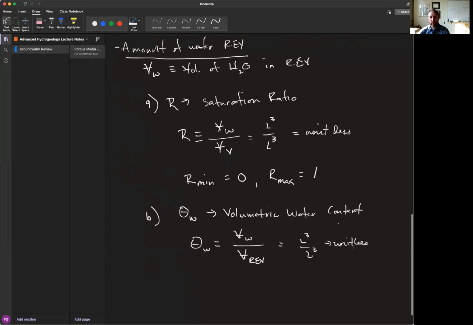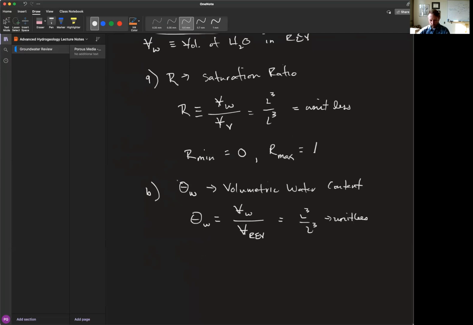But now let's think about the max and min of our volumetric water content. When I'm really, really dry, I have no water volume in my porous media. This is actually really rare, but let's say I've oven dried something. If I have no water in my porous media, my volumetric water content will be 0.